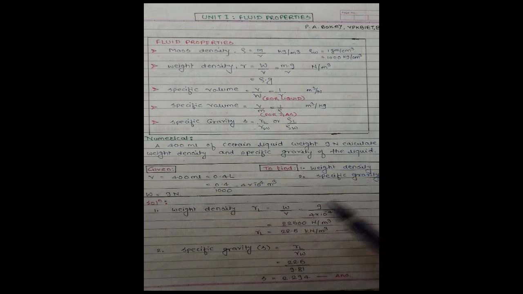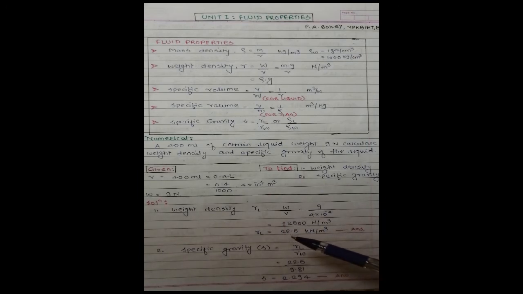To find weight density and the specific gravity, we have the formula for weight density, that is equal to weight upon volume. Weight is given and volume is also given. From that we can find out the weight density of the liquid. So 9 upon 4 into 10 raised to power minus 4 is equal to 22,500 Newton per meter cube.